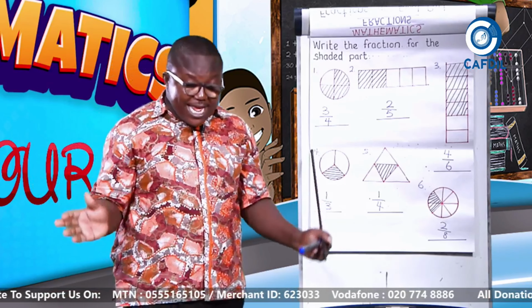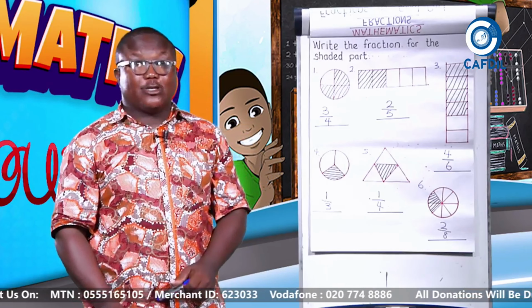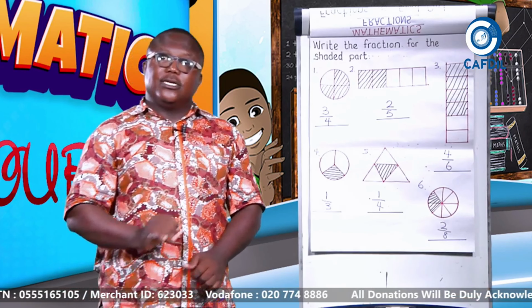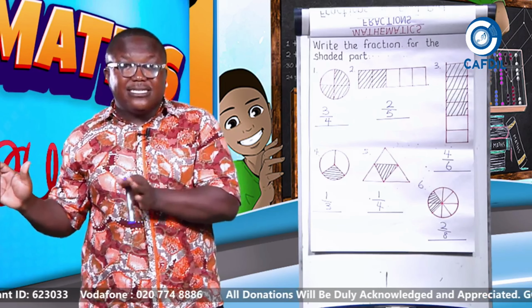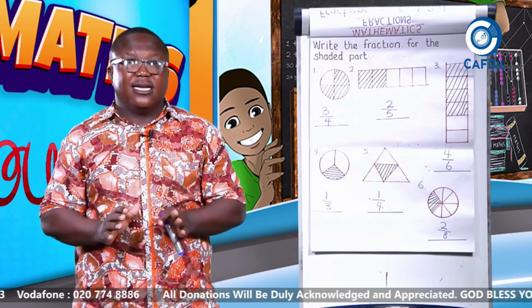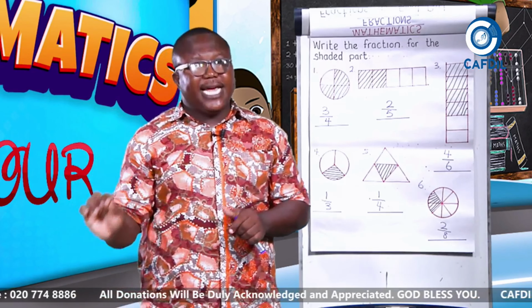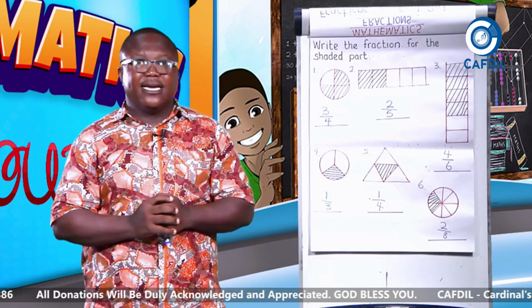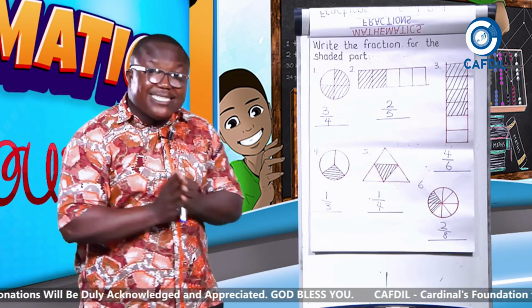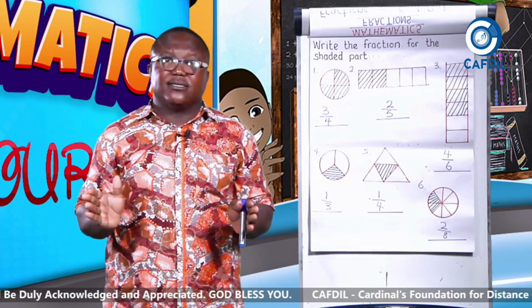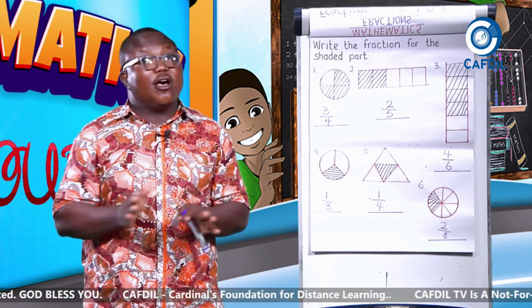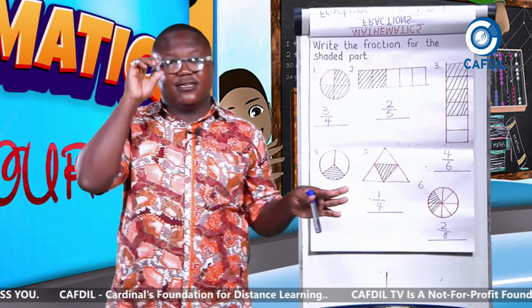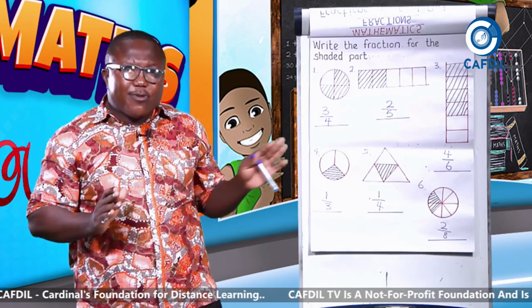They can draw any shape at all, and then divide it into several equal parts, and they will shade some parts and ask you to write the fraction for the shaded parts. Learners, I hope when such work is given to you, you solve it easily. You've really understood what we have taught here.